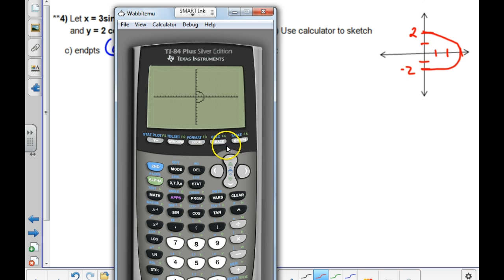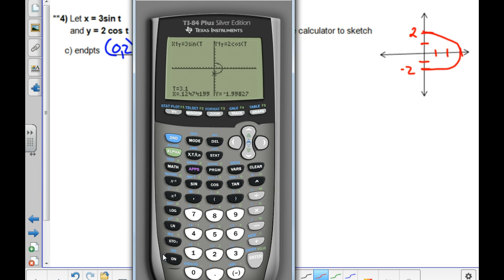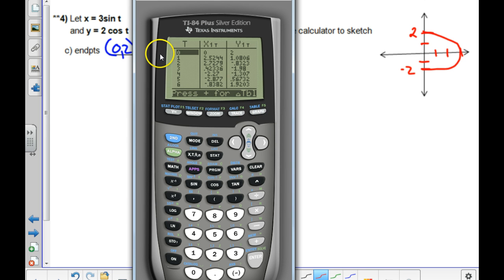Yeah, you have to hit trace and then type in the 0 or trace and then use the pi key, I think. Otherwise, it's just getting close, okay? Yeah, and if you were to go look at the table, guys, it would help you with the whole numbers, okay? But pi isn't going to be on your list of t values. You're going to have to just type it in.